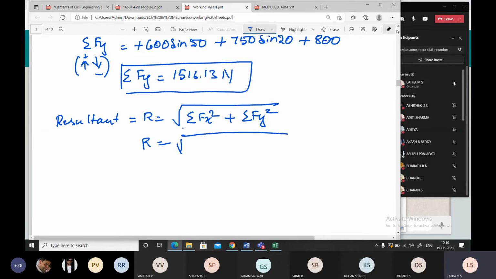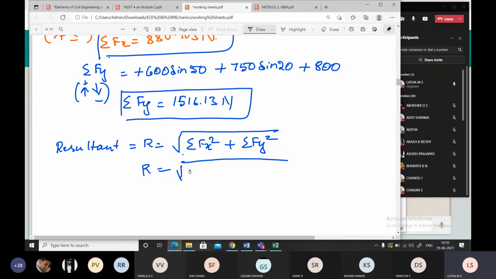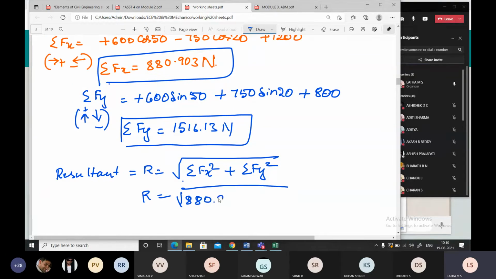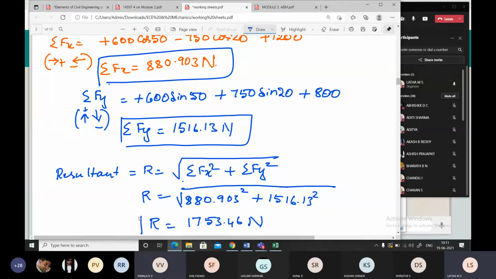Sigma Fx is what, students? Sigma Fx is 880.903 square plus 16.13, giving 1753.46 Newton.